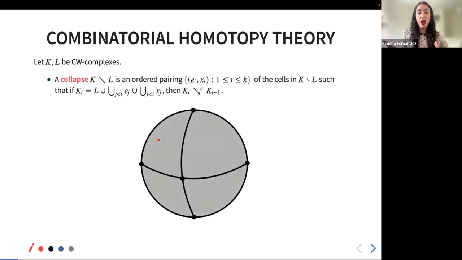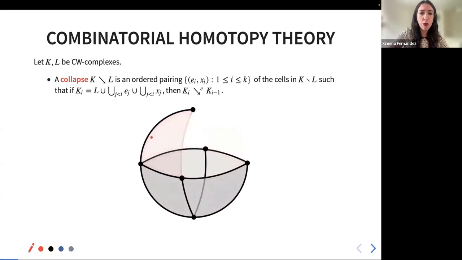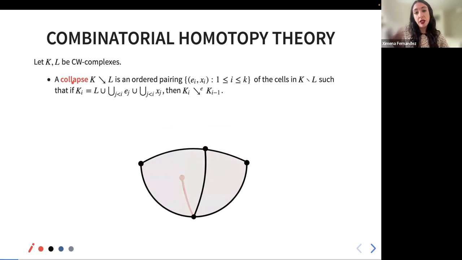In particular, you can iterate this procedure. You have a complex and you can identify some ordered set of pairs of cells, and perform these elementary collapses, and you obtain a simplified version of your original complex.